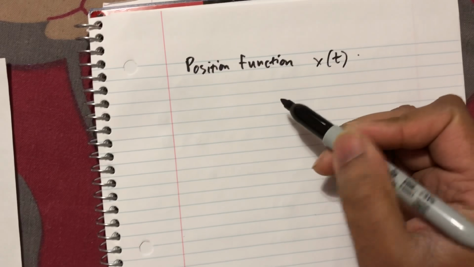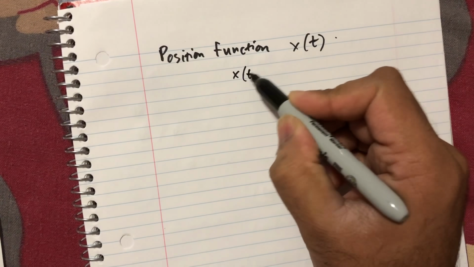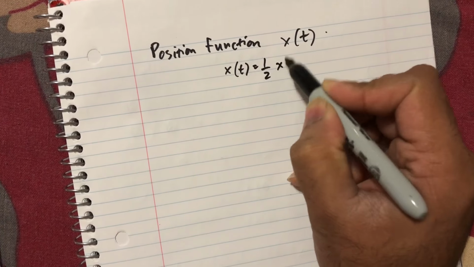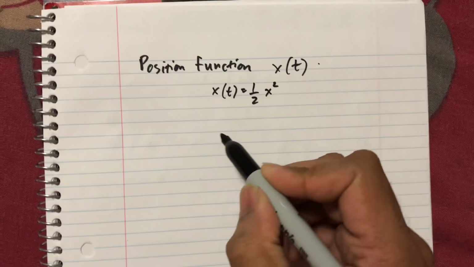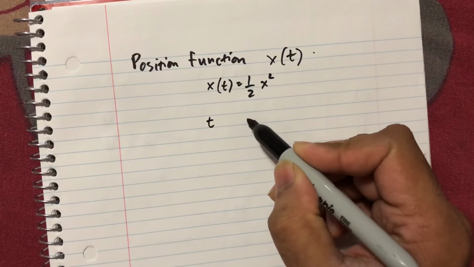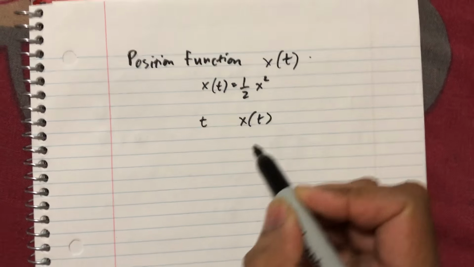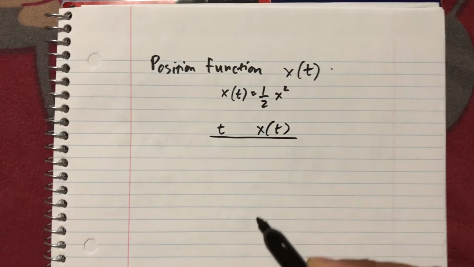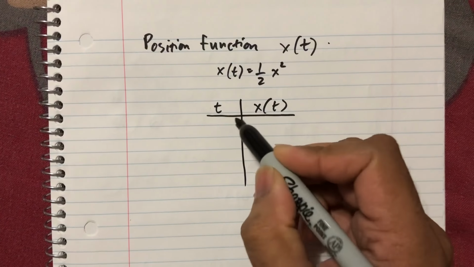Now let's say the position function was 1/2 t squared. In this case, time and the function could be modeled as such.